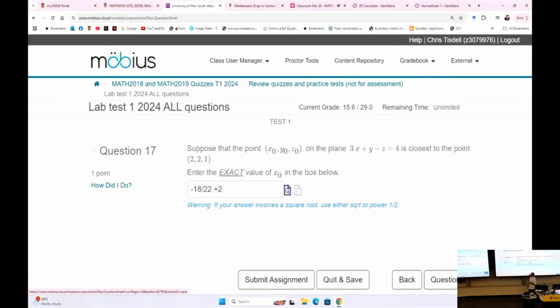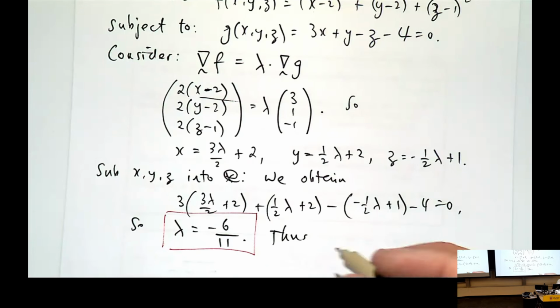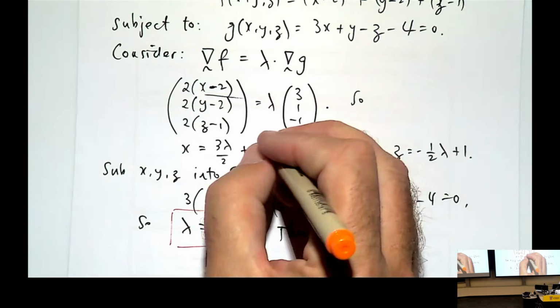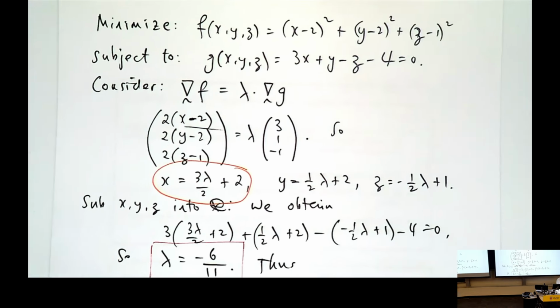The question asks us for the exact value of the x component of our point of interest. So we don't care about y and z, they don't actually ask us for it, right? So really, the only important thing there is one equation. It's this one.